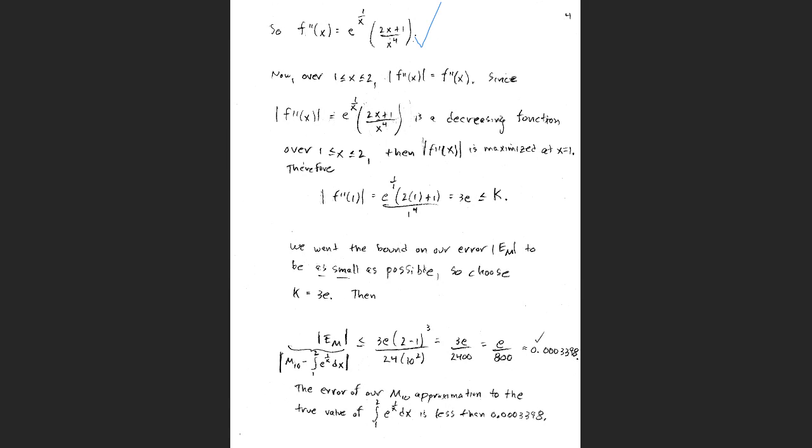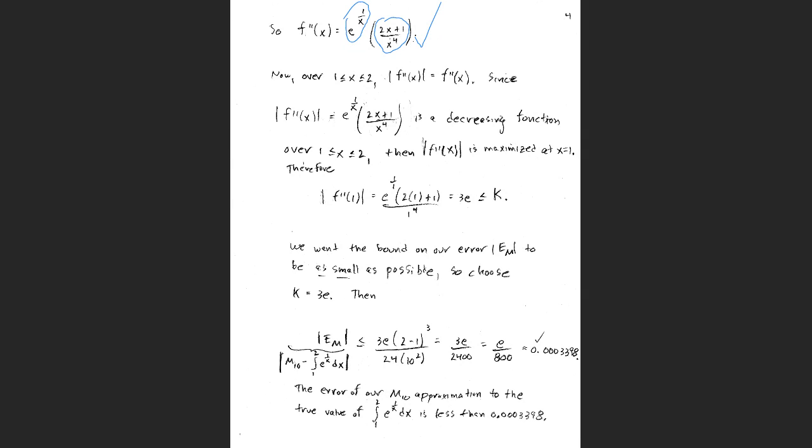Here again is our second derivative in very nice form. You have this exponential function here, and then you have the 2x plus 1 over x to the fourth there.